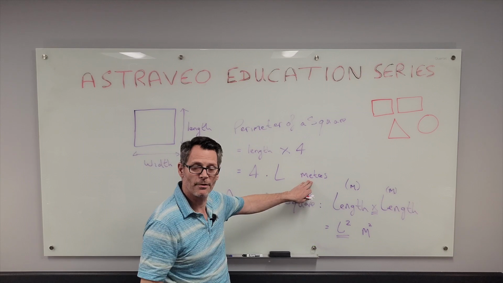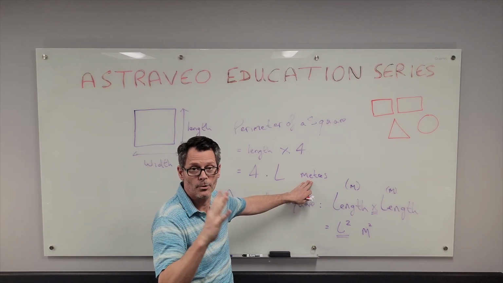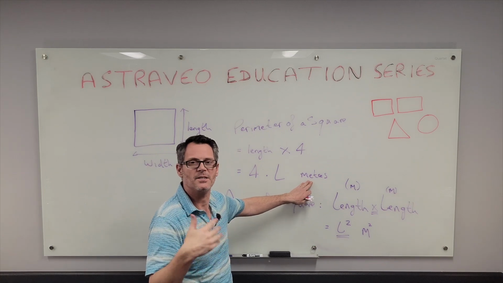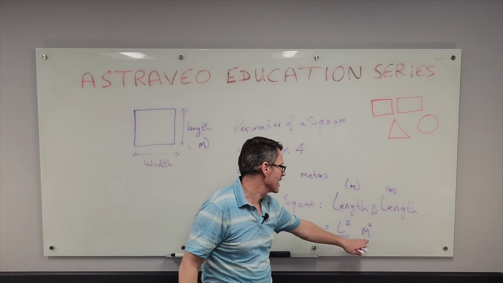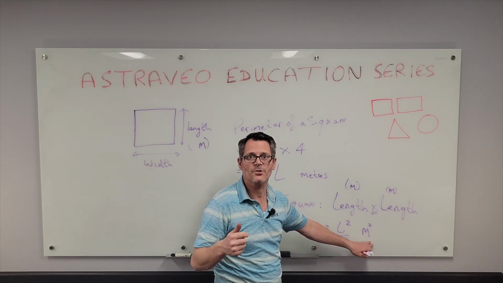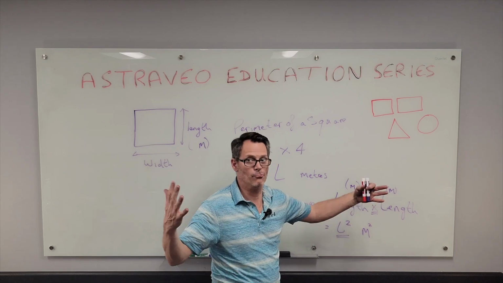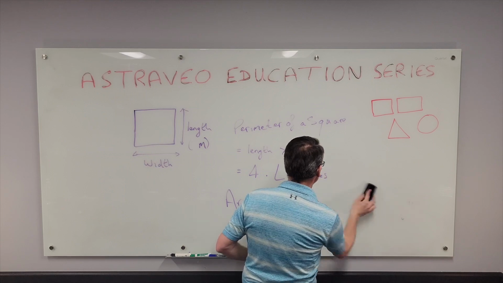Perimeters are measured in the fundamental measurement unit of whatever your measurement system is: meters, centimeters, millimeters, miles, kilometers, that kind of thing. The area is the length squared. So meter squared, centimeter squared, miles squared if it's a really big square. Okay, so that's squared.